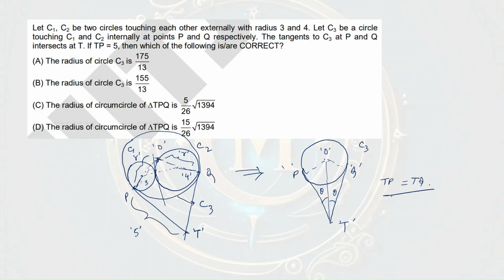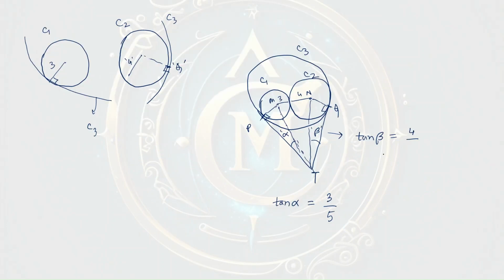Now we know from the previous discussion that TP is equal to TQ because they are tangents drawn to a circle from the same point. So this QT segment is also of length 5. That means tan alpha and tan beta are known to us.